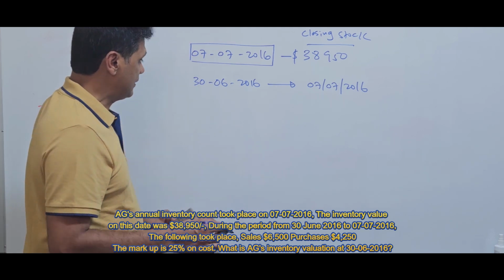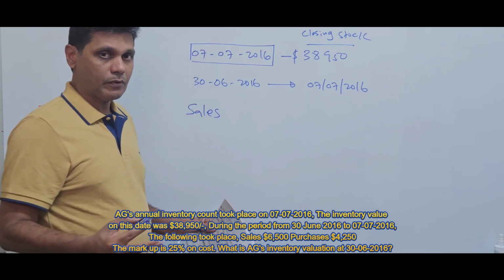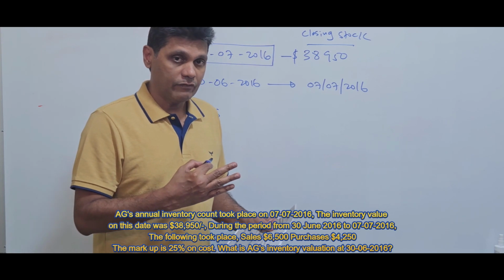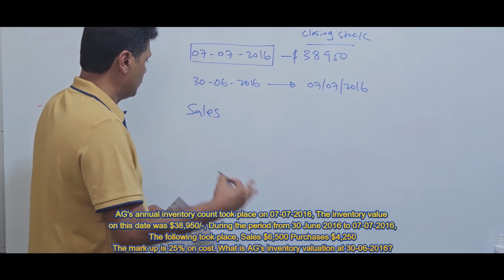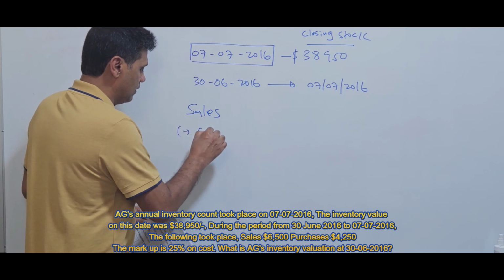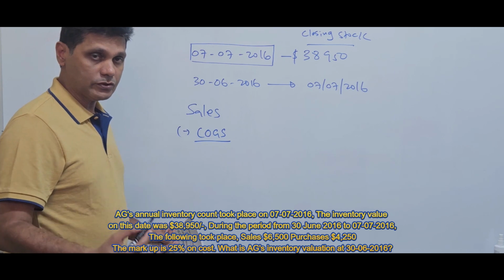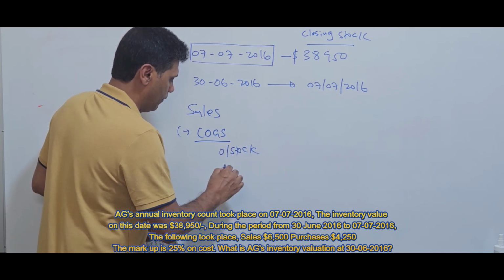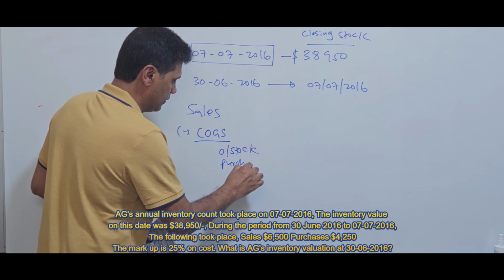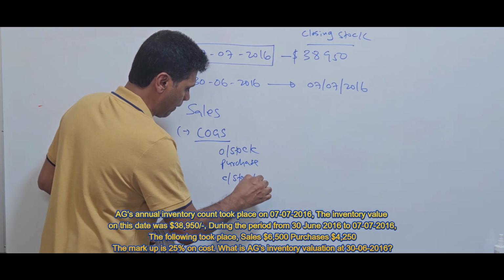Okay, so now let's analyze this. If you want to calculate the gross profit, you need to identify your sales, then you have to deduct the cost of goods sold. So sales less cost of goods sold. How do we determine the cost of goods sold? Opening stock, purchases, minus closing stock.